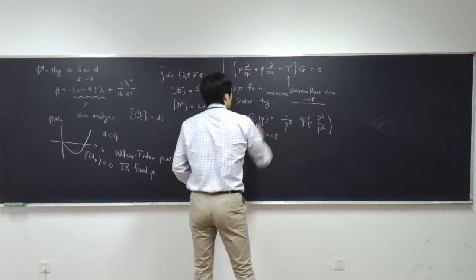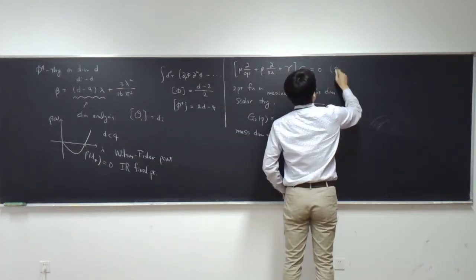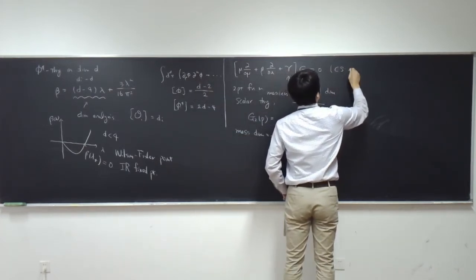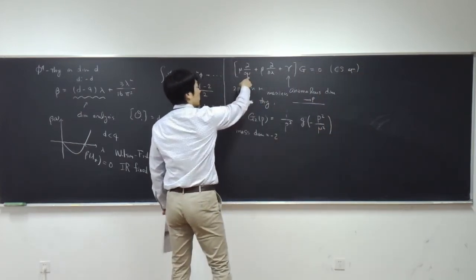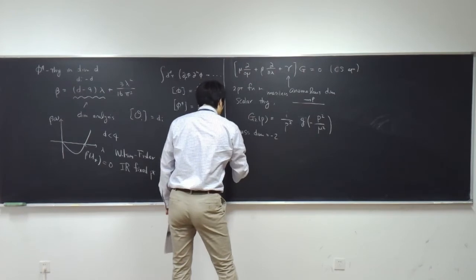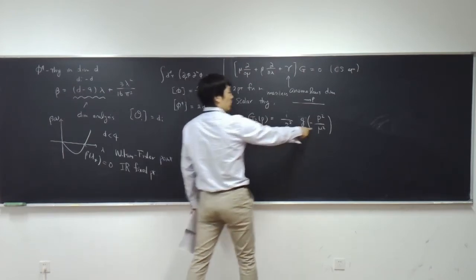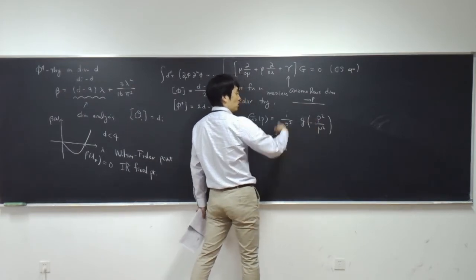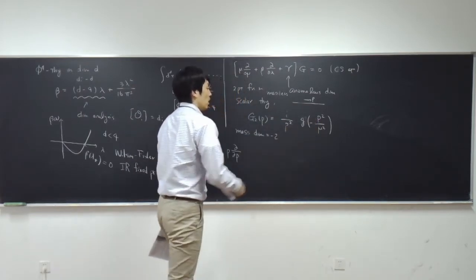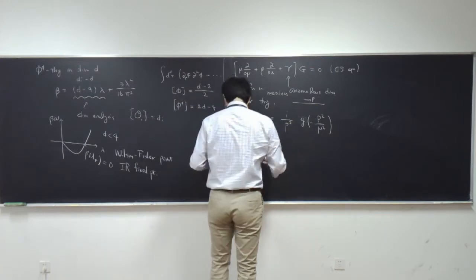The mu derivative can be translated to the p derivative with a factor of 1 over p squared.